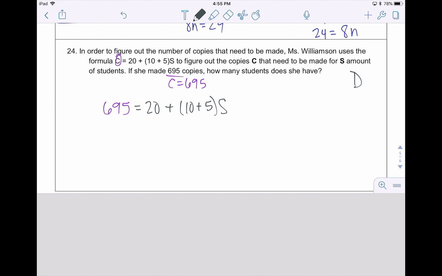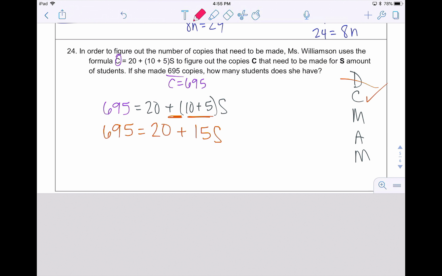From here, I'm going to use my don't call me after midnight. I do have parentheses, but there's nothing in front of them, so I don't need to distribute. I do have like terms inside this parentheses that can be combined. So 10 plus 5 is 15s.